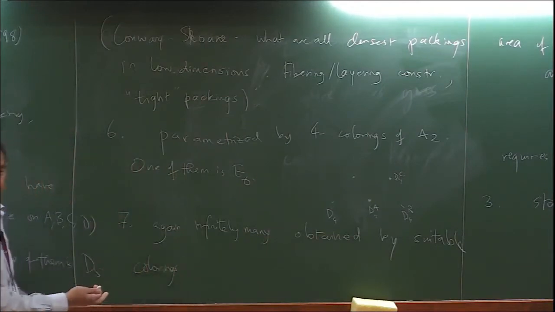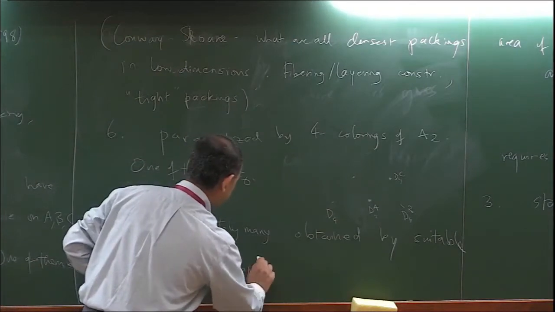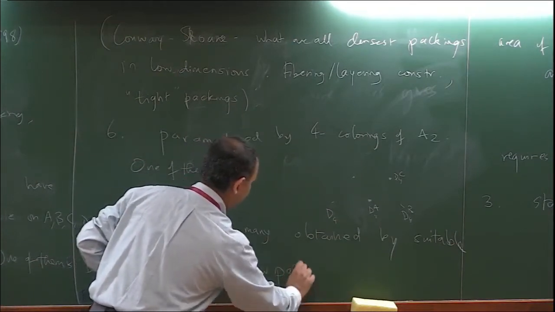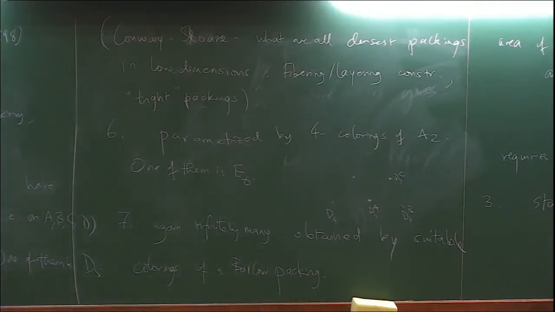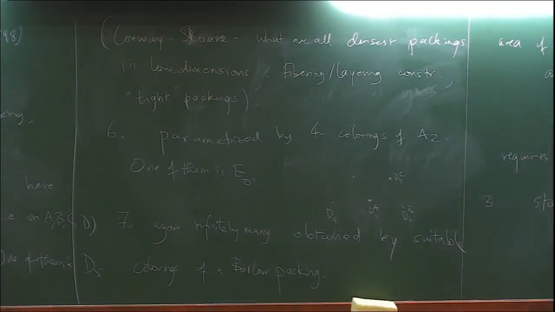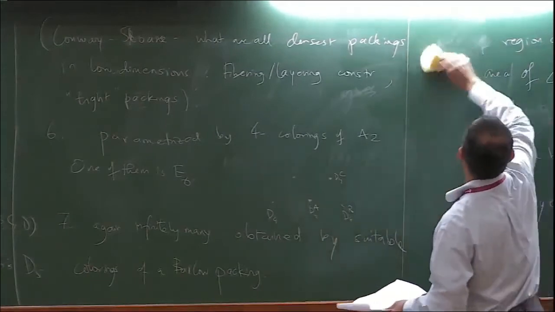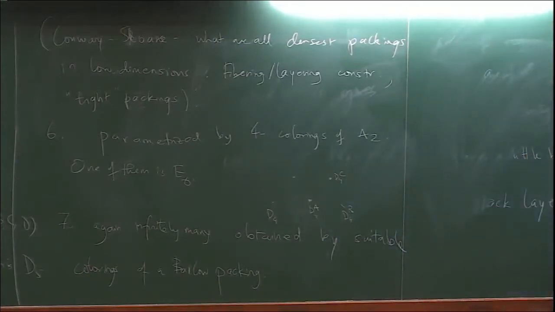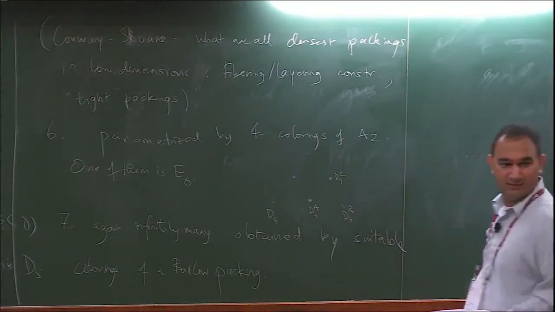So already you have infinitely many choices of which packing to choose, and for each choice you have infinitely many choices of which coloring to do. Okay, so there's lots and lots of choices here. They all have the same density, and they're expected to be. One of them is E7, yeah.